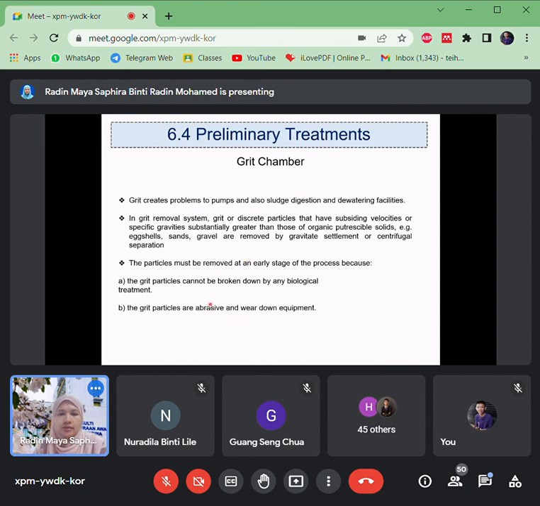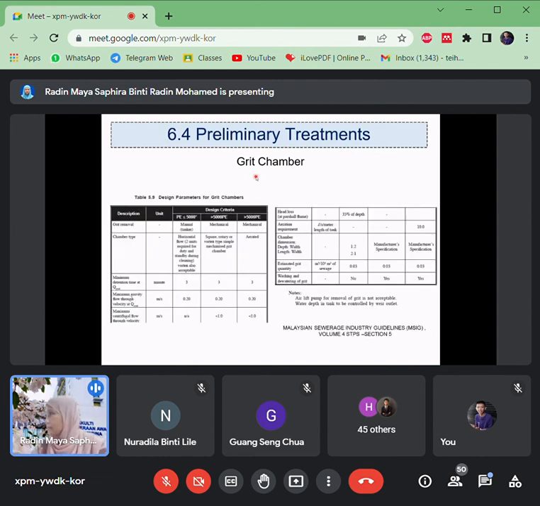So the grit particle is something that cannot be broken down by any biological treatment. Sometimes runoff from the road, right? Having these particles, gravel, sand, and everything entering the wastewater treatment plant. That one we need to remove using this grit chamber.